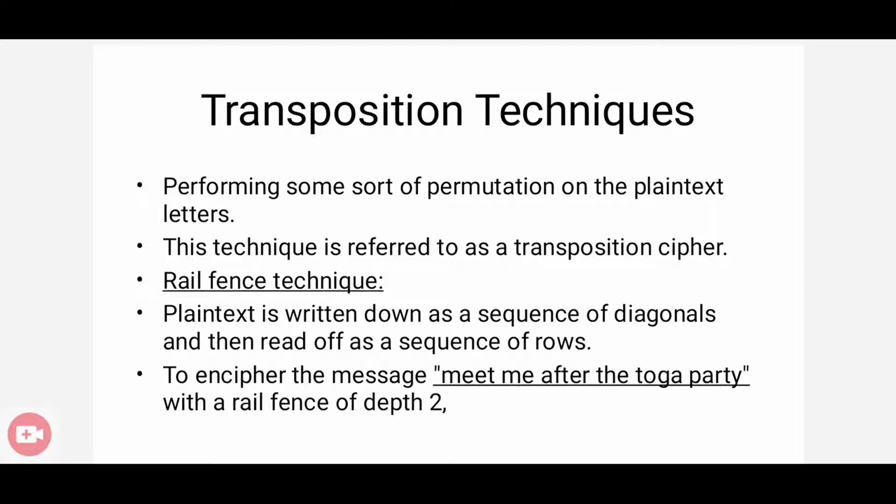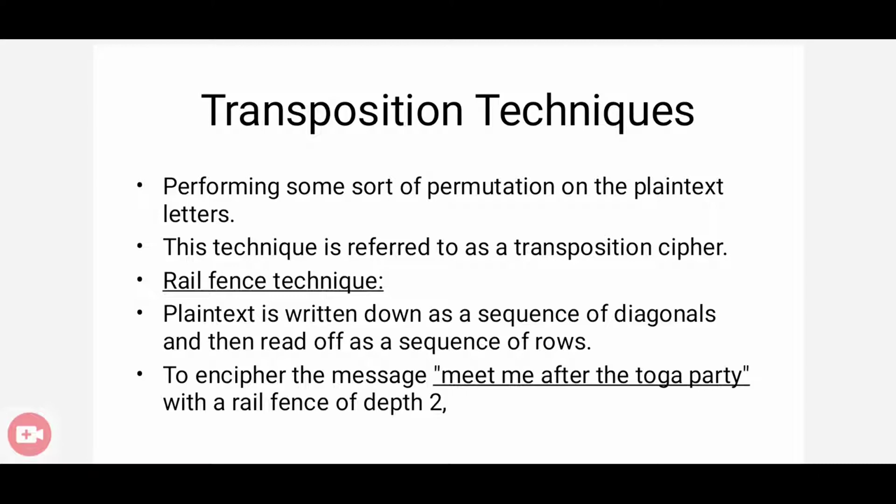So two letters at a time means first we are taking ME as one pair. Next we are taking ET as the next pair. And the third one, ME, is the third pair. Then AF, then TR, then TH, then ET, OG, AP, AR, then TY. These are the pairs. Clear?